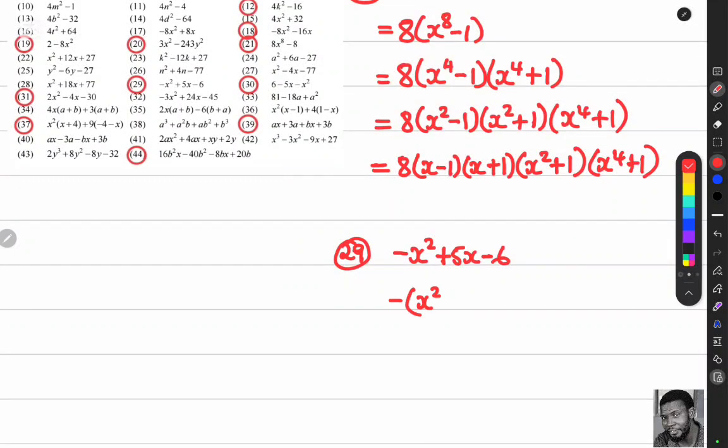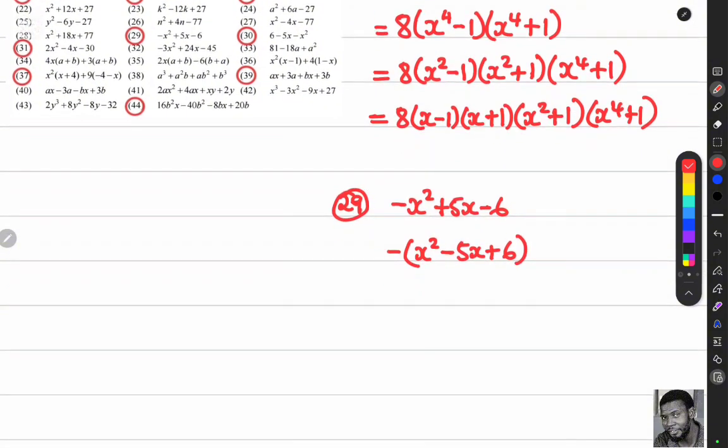You're going to divide each term by that negative 1, because it's the same as factoring out negative 1. So you're going to have x squared minus 5x plus 6, and this will result to (x minus 3), (x minus 2).